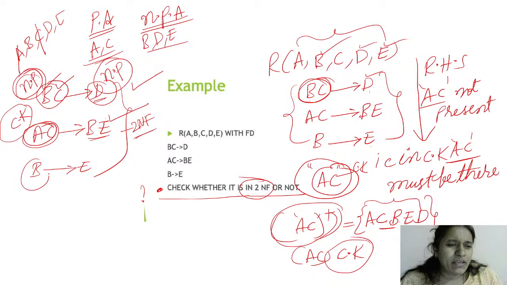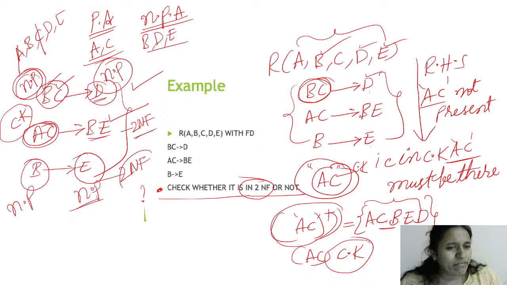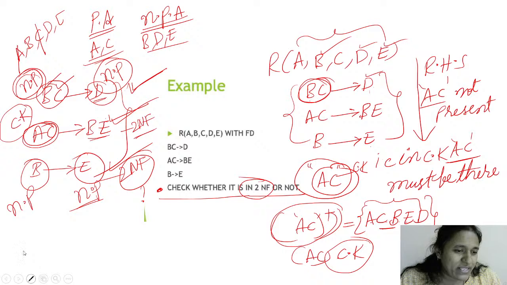And B comma E. B is non-prime and E is also non-prime. Non-prime to non-prime is also allowed in 2NF. That's why this relation is in 2NF. One more important point here: to decide whether the given relation is in 2NF or 3NF, all the given functional dependencies have to follow the criteria.